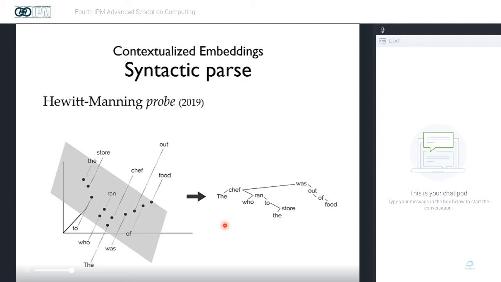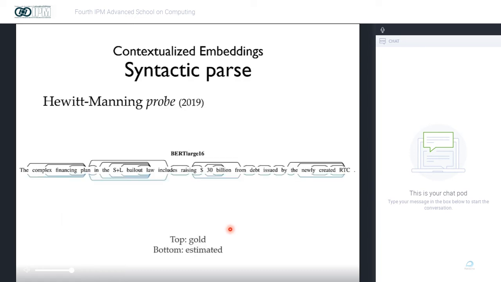What we just had was the masked language modeling, and it looks like the model has to encode this sort of syntactic knowledge about the language in order to predict a masked word.